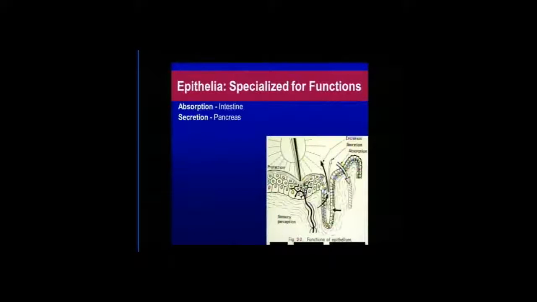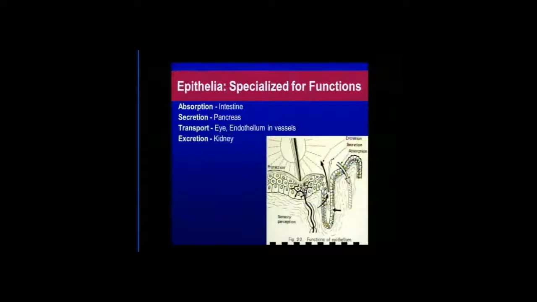Now, epithelium has a lot of function. One is absorption, and it does that in the intestine. One is secretion. Your pancreatic juices are secreted there. One is transport, and endothelial cells of the blood vessels transport nutrients from the blood out to the tissue.